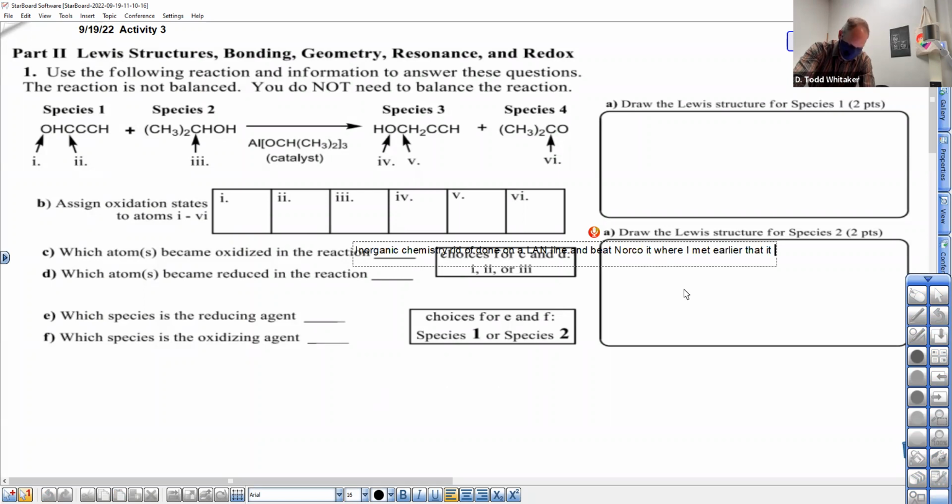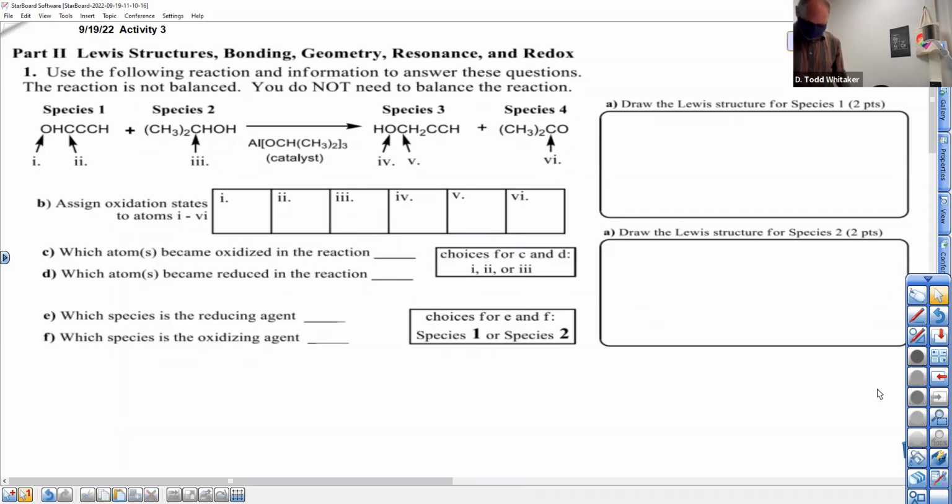Norco, interesting. Okay, I'm gonna just type. Norco and one's looking at Norco. Yeah, I was thinking Narcan in my brain for some reason. I don't know why.